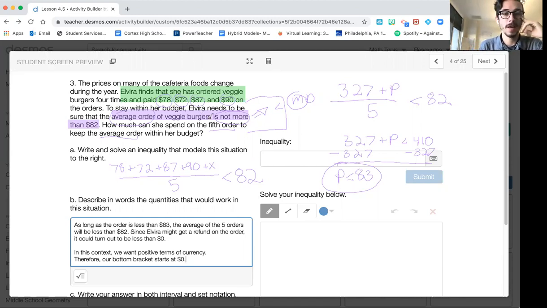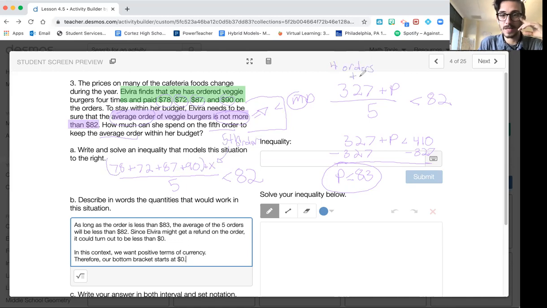How much can she spend on the 5th order? Well, we have the 1st, the 2nd, the 3rd, the 4th set of orders with their currencies. This X I'm denoting as the price of the 5th order. And again, if we take the average of all 5, it should be less than 82. So if you add up these 4 numbers, these are the 4 orders that have a number attached to it.